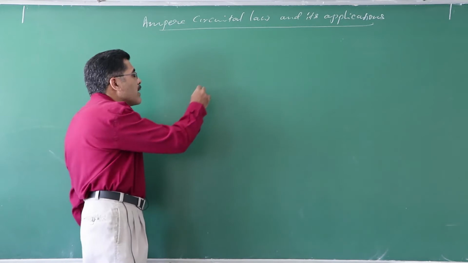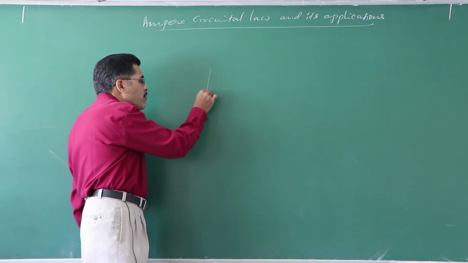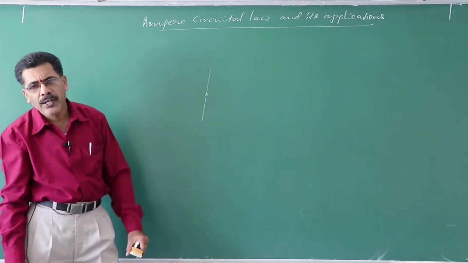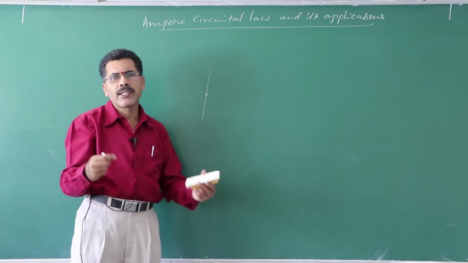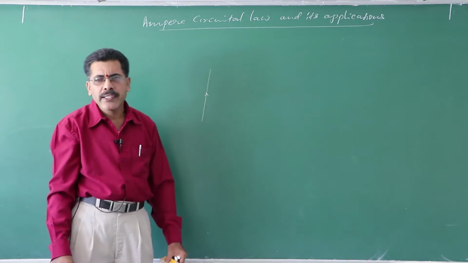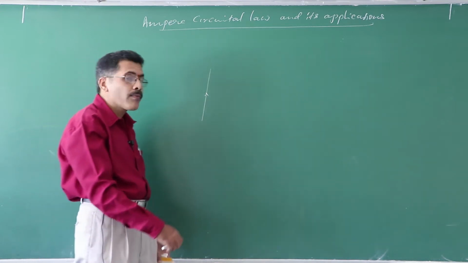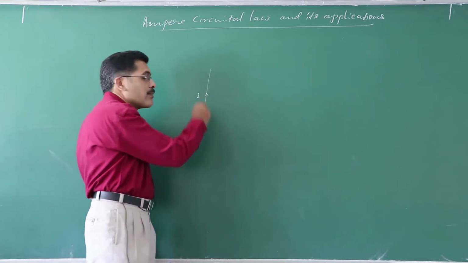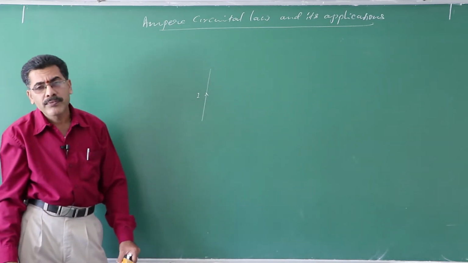If you consider a current carrying conductor, it may be of any shape. It may be in the form of a cylinder, it may be in the form of a rod, it may be a wire, okay? It is carrying a current. Let I be the current flowing through the conductor.